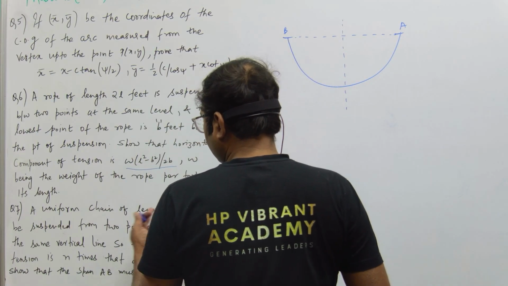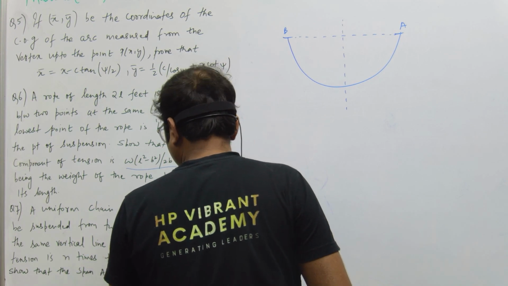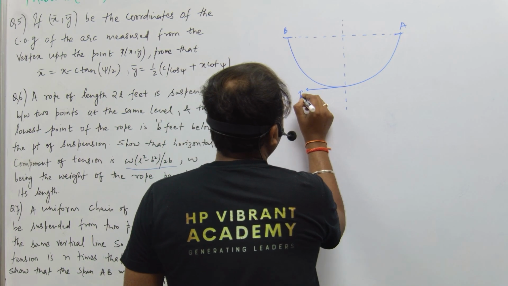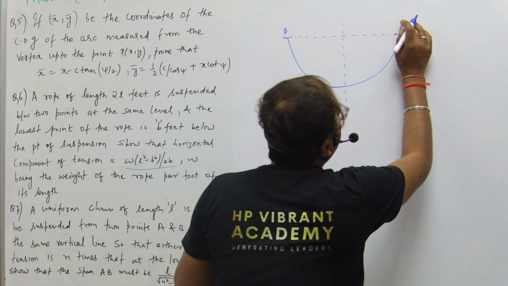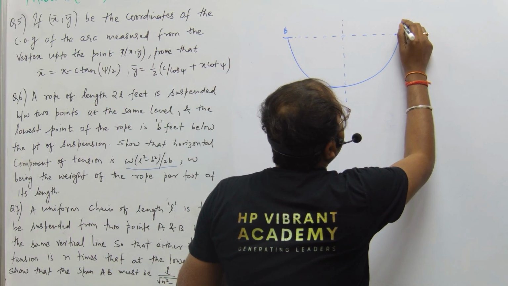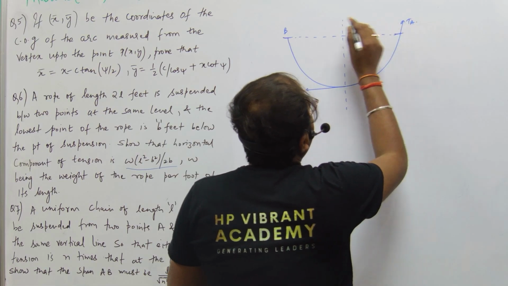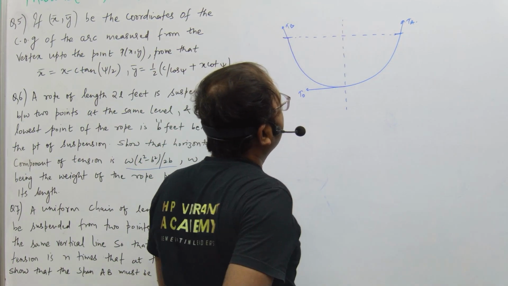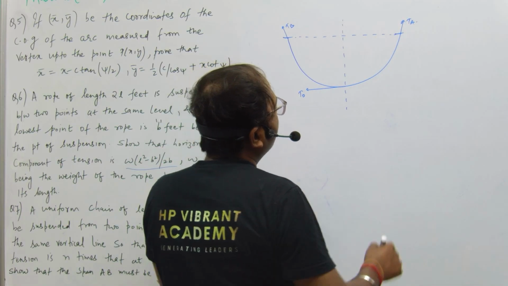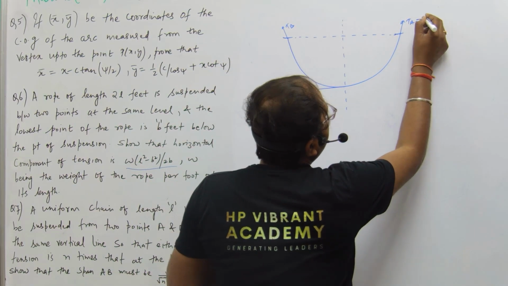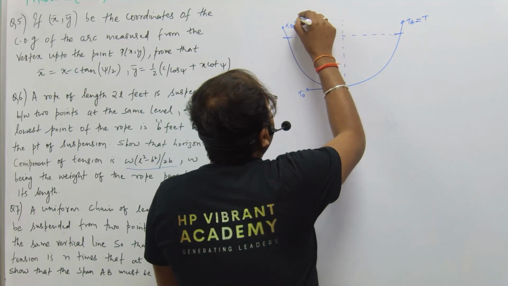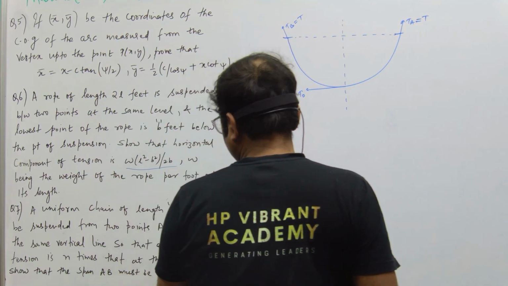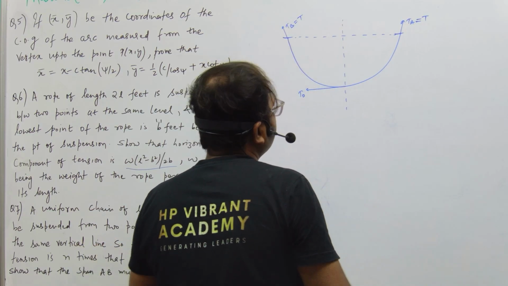So that either terminal tension is n times that at the lowest point. So let us consider the tension at the lowest point is T naught. Let us take the tension at point A as TA and tension at point B as TB. By symmetry both the tensions are the same. So let us take this as T and this also as T. So the terminal tension is n times the tension at the lowest point.